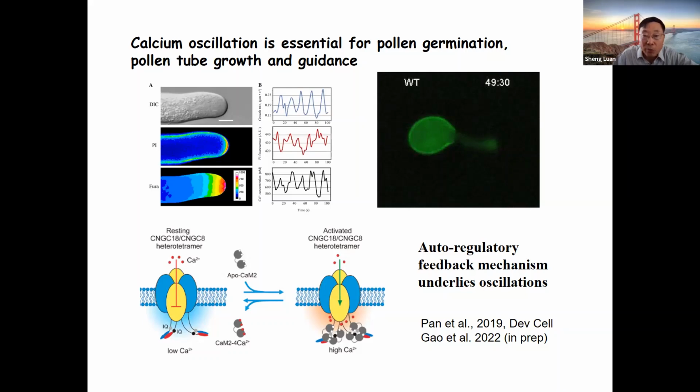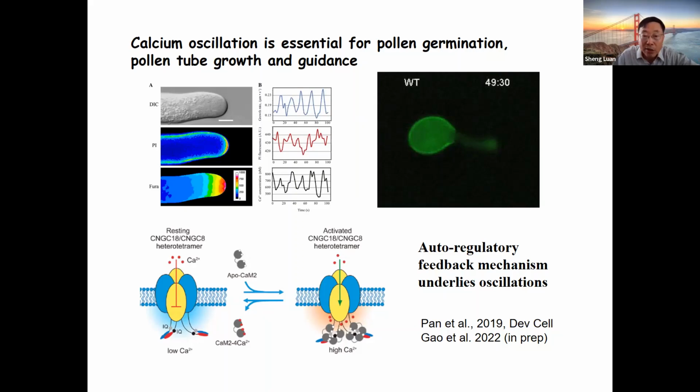And then when calcium reaches this bottom level, what happens is that the calmodulin will get rid of calcium, cannot bind to calcium anymore, and then becomes a calcium-empty form, right? This apo-calmodulin will again interact with the tetramer channel and activate the channel.